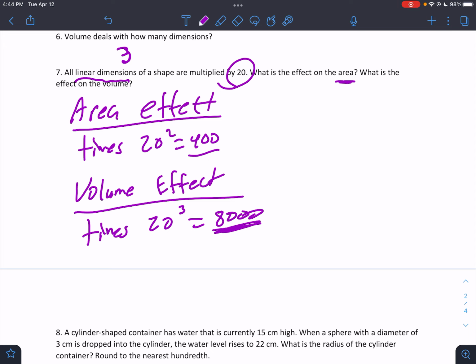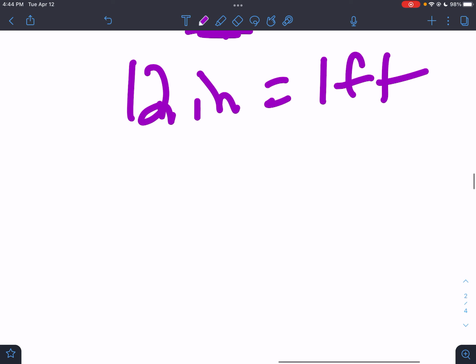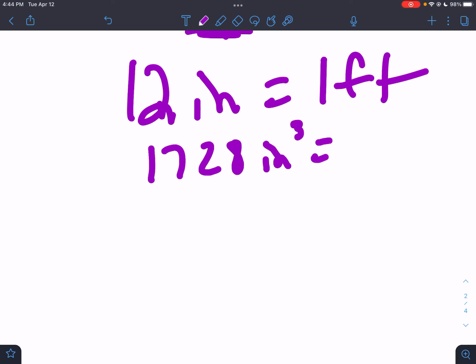That's why, if you had 12 inches equals 1 foot, what is that in volume? Well, that's 12 cubed. That would be 1728 inches cubed equals 1 foot cubed.